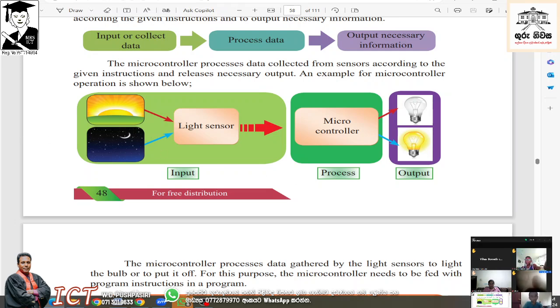How does it work automatically? Sir, when you open it, the sensor works and the light shines.